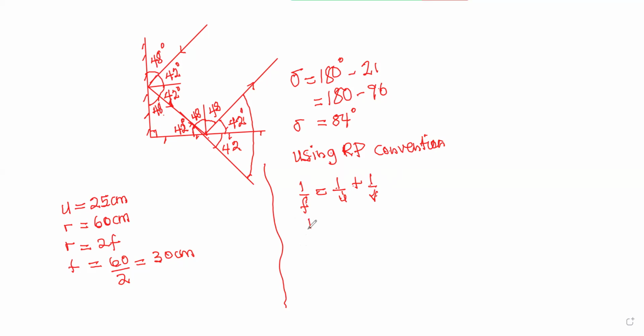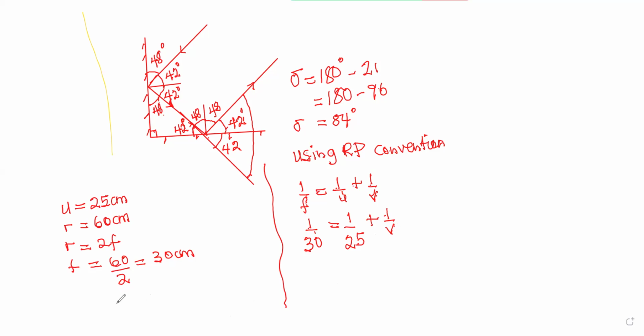So 1 over 30 is equal to 1 over 25, the object is also real, plus 1 on V. Before we continue, we can compare U and V to determine the nature of the image.